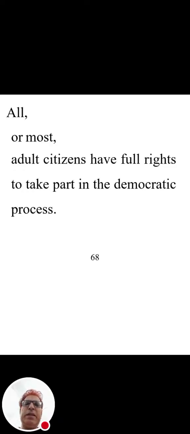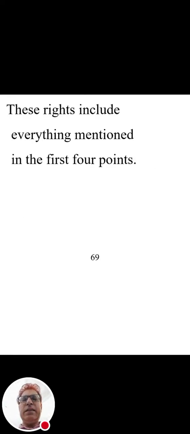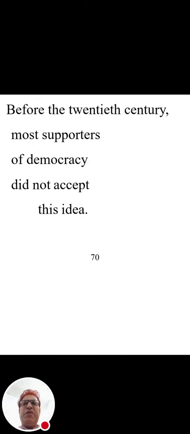All or most adult citizens have full rights to take part in the democratic process. These rights include everything mentioned in the first 4 points. Before the 20th century, most supporters of democracy did not accept this idea.